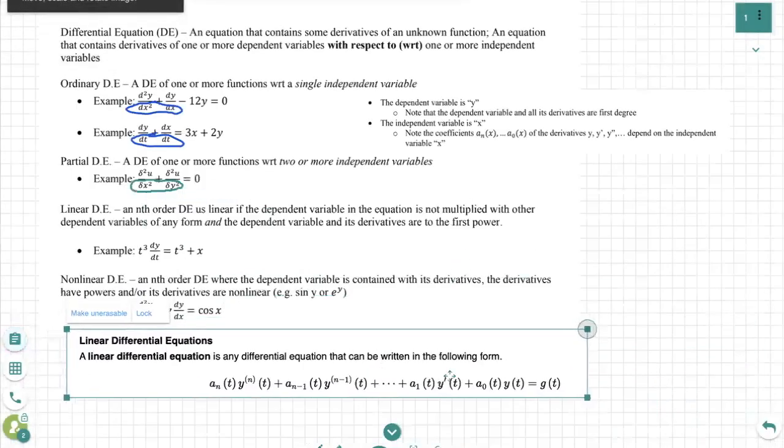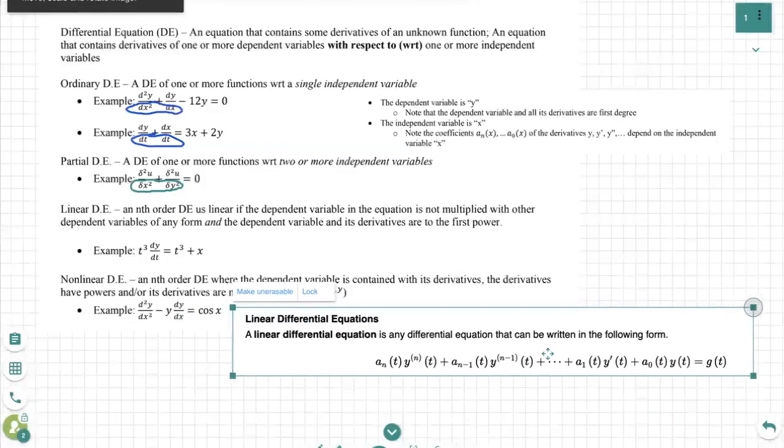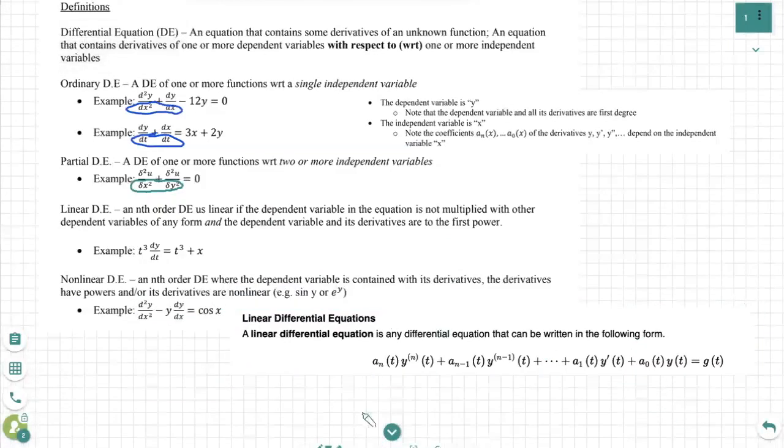A linear differential equation is written in this form. Notice that each term consists of some ordered derivative. So this is the nth derivative of y, the n minus 1 derivative of y, the first derivative of y, and it's multiplied by some function a. These functions can be different.